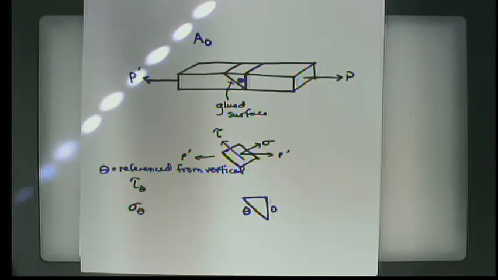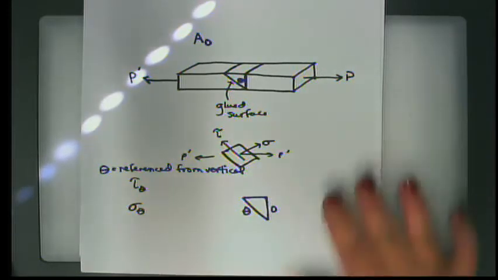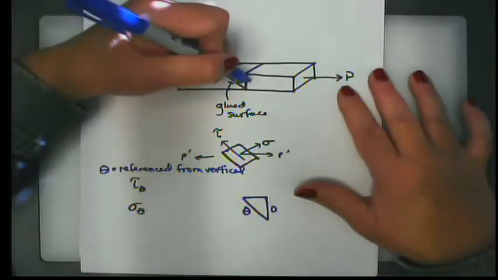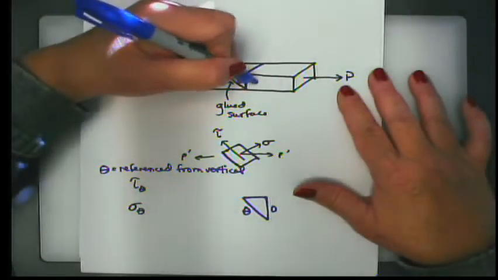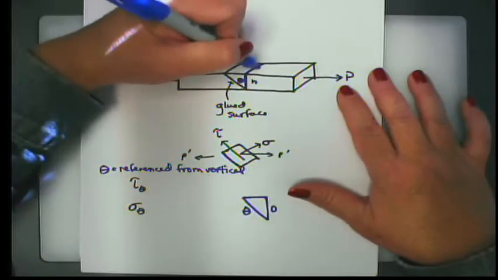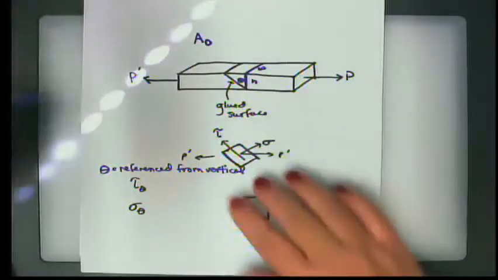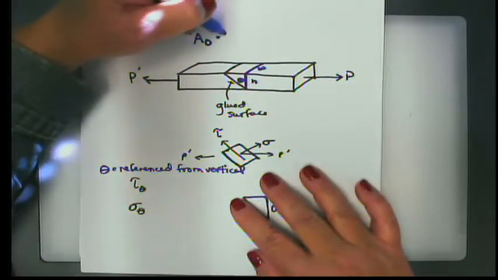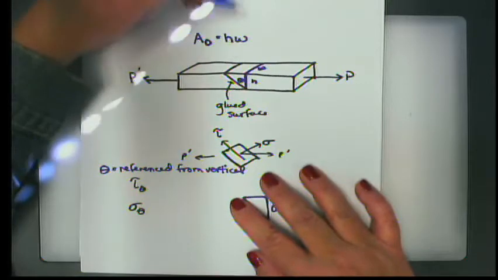They don't. All right, so I'm just going to use height and width, okay? So we can see that A sub 0 is going to be H times W.